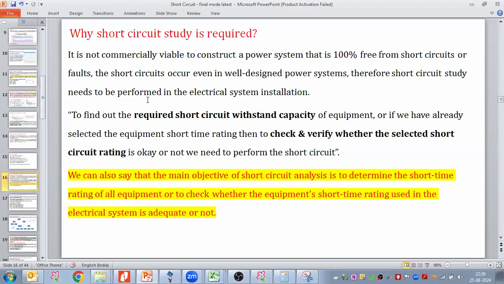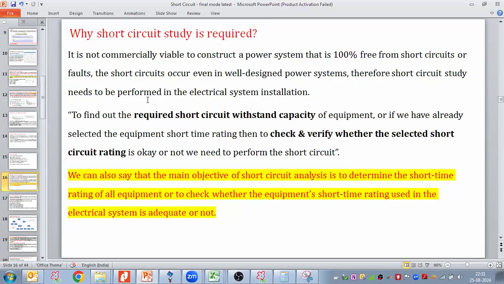Because it is not commercially viable to construct a power system that is 100% free from short circuit or fault. The short circuit occurs even in a well-designed power system. Therefore, a short circuit study needs to be performed in electrical system installations.